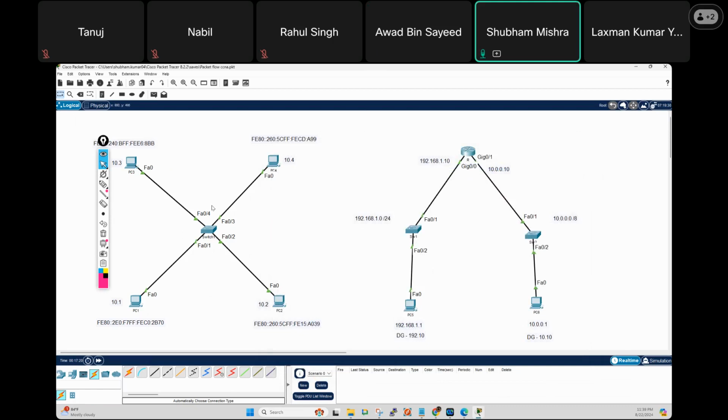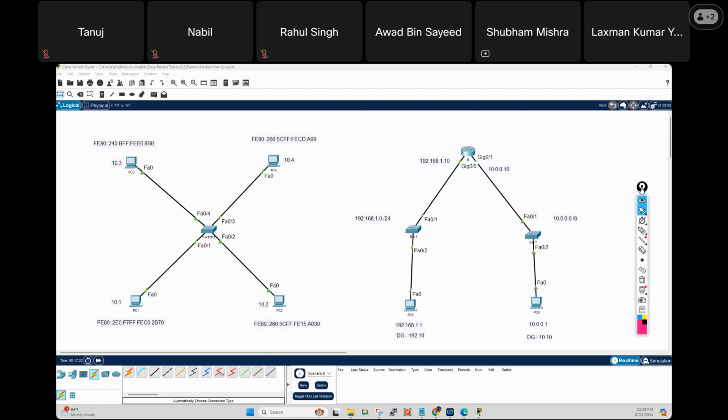Clear, everyone? Understand? I hope now you understand the packet flow in the same subnet and the packet flow in a different subnet. Clear? Okay. We have around 15 minutes.